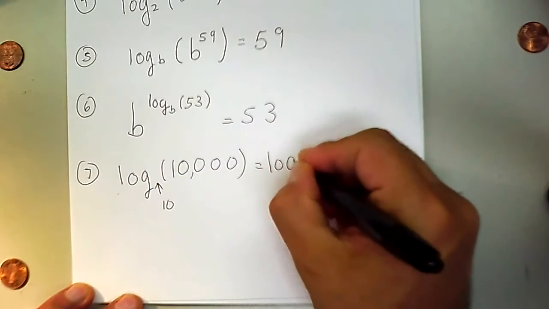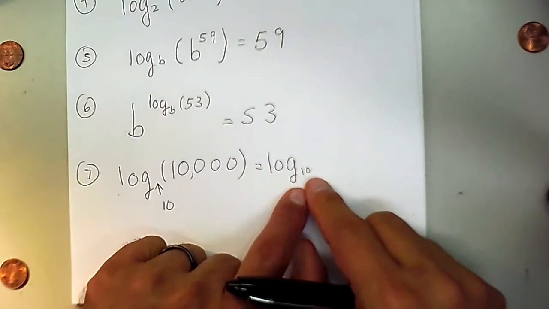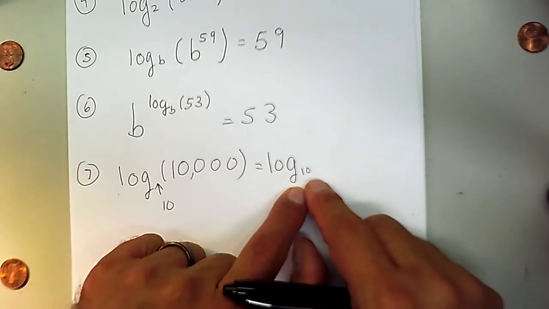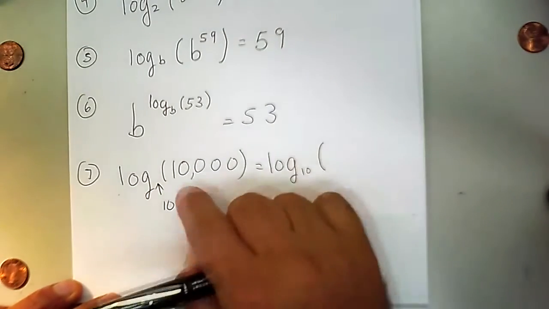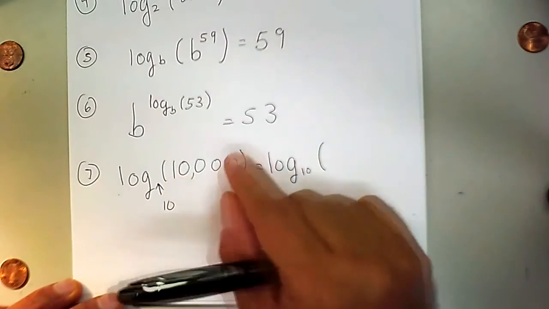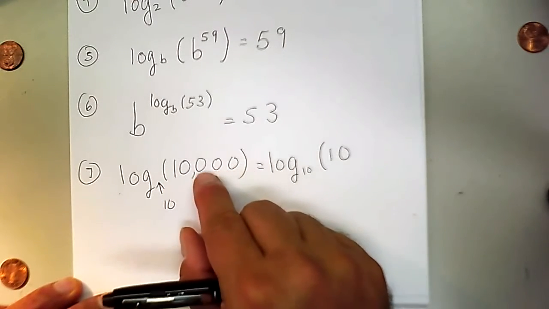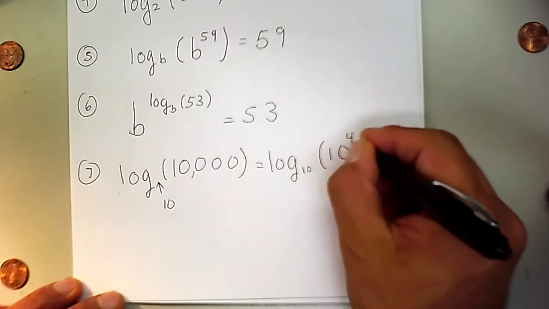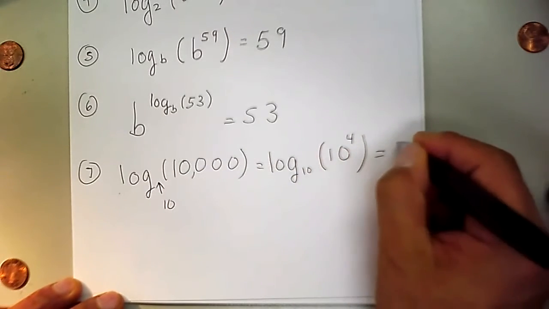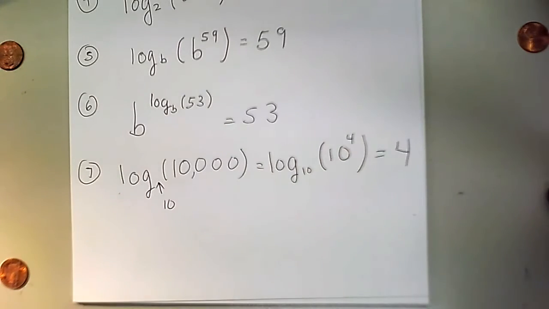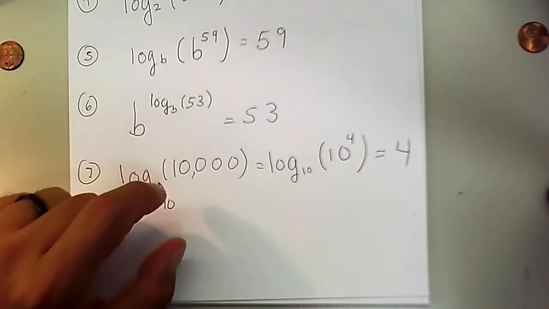So this is the logarithm in base 10. Even though there's no need to write it down, I write it down many times so I don't forget what it is, or to emphasize what it is. And then we realize that 10,000 is the same thing as 10 to the 4, with 4 zeros. Now that we have the same base, it is very clear that the answer is 4. Many, many books have problems like this. Don't use your calculator.